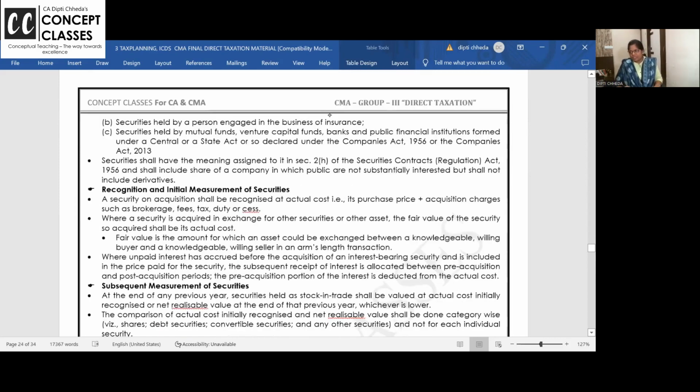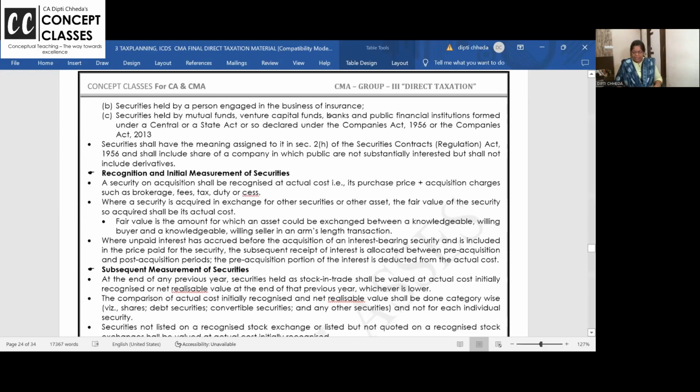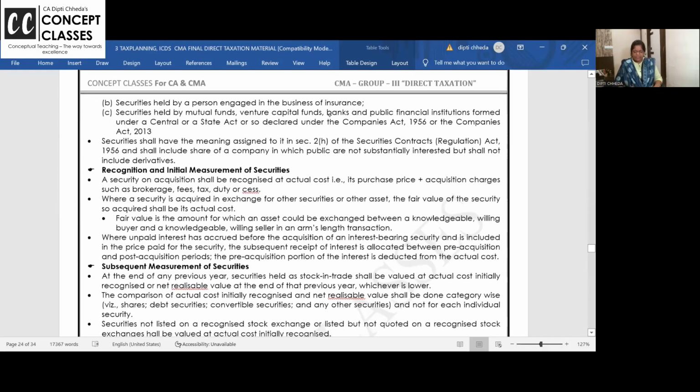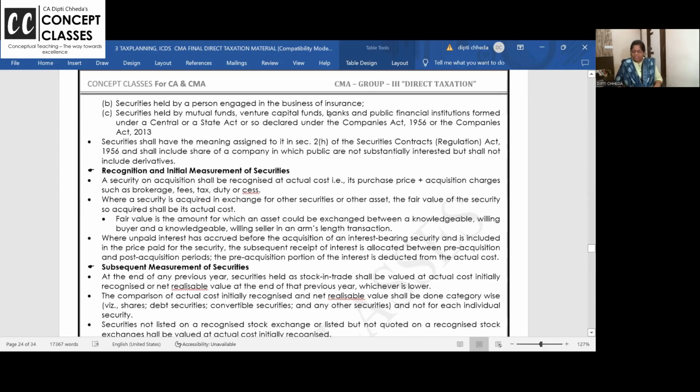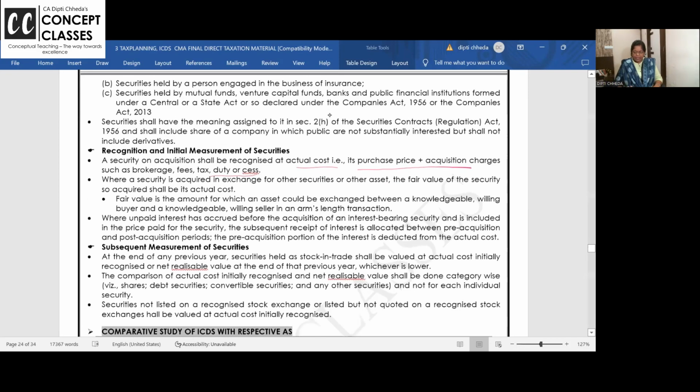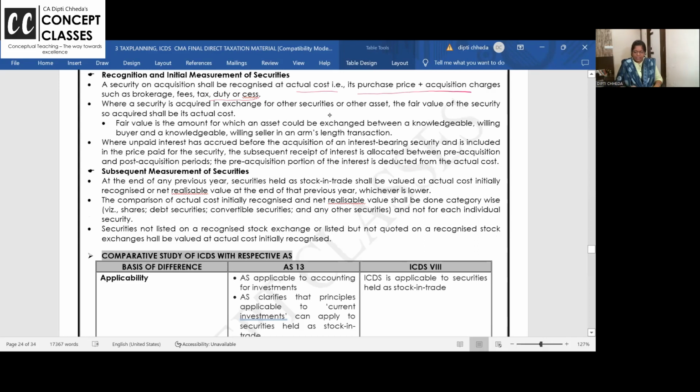And then some of the securities which are maintained by banking and insurance companies and all, for them those Acts are applicable. Right. Securities, when you purchase, you record them with the stamp duty, brokerage, and all. Okay. Right. And at the year end, securities are to be valued at actual cost or NRV, whichever is lower.